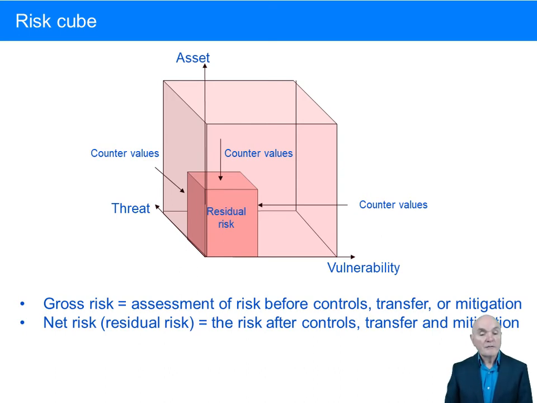What you tend to be doing if you treat the risk is reducing the risk. And a couple of bits of terminology here. We've got gross risk and net risk. Gross risk is the name given to the risk before you do anything whatsoever by way of controls or transfer or mitigation.